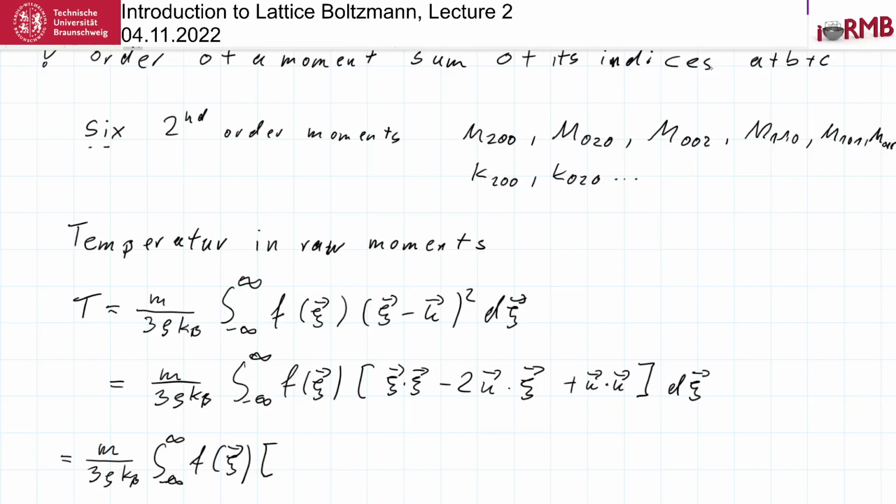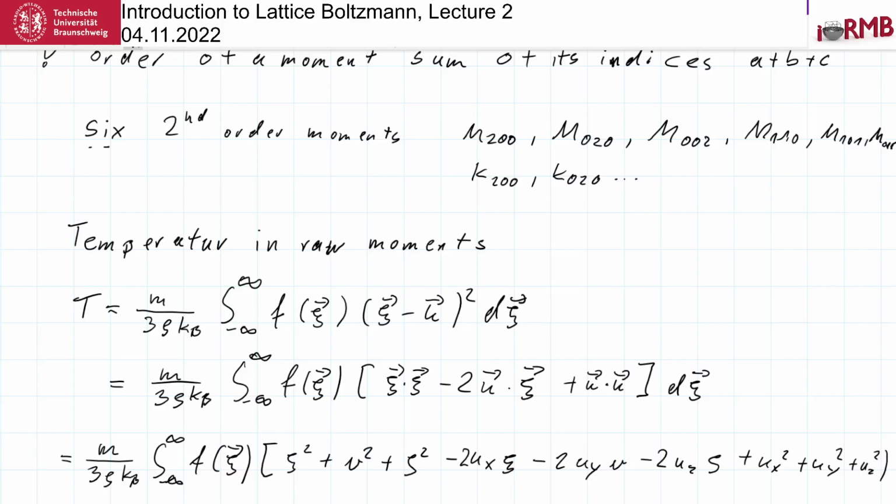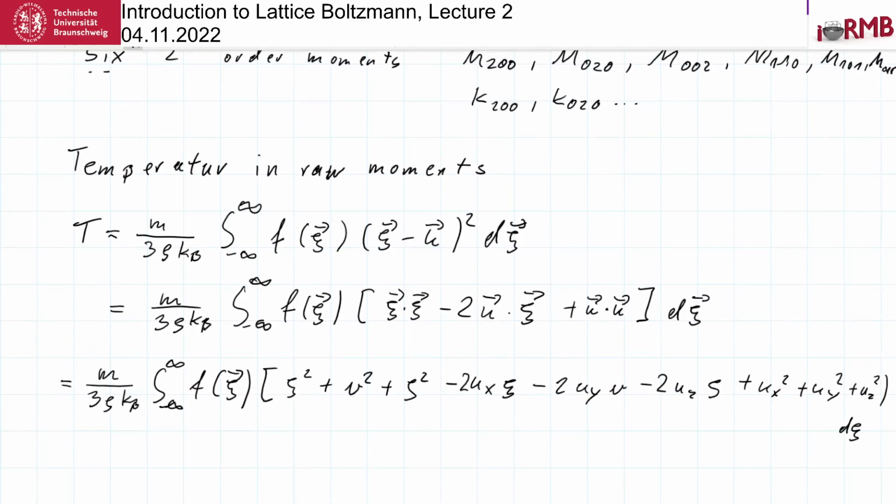So all its components would be xi squared plus upsilon squared plus zeta squared, minus 2 ux xi, minus 2 uy upsilon, minus 2 uz zeta, plus ux squared plus uy squared plus uz squared, and this integrated over xi.